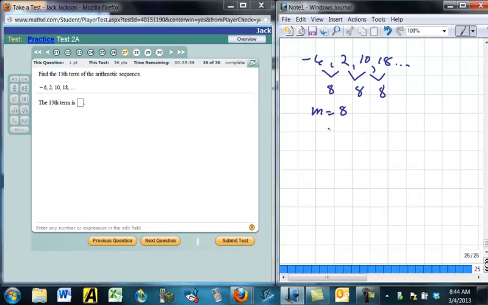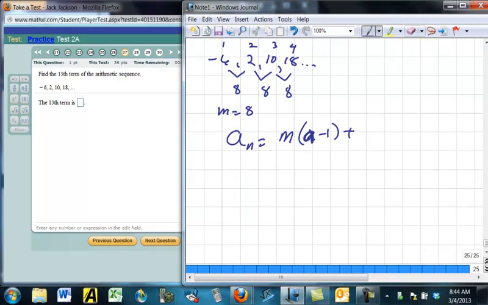Okay, and if it doesn't say otherwise, we assume the term numbers are 1, 2, 3, 4. There's not a 0th term unless they say there is. And so we know that a sub n is m. We can use the point slope formula, y minus y1 equals m times x minus x1, but instead of x we'll use n, and this is a1 here.